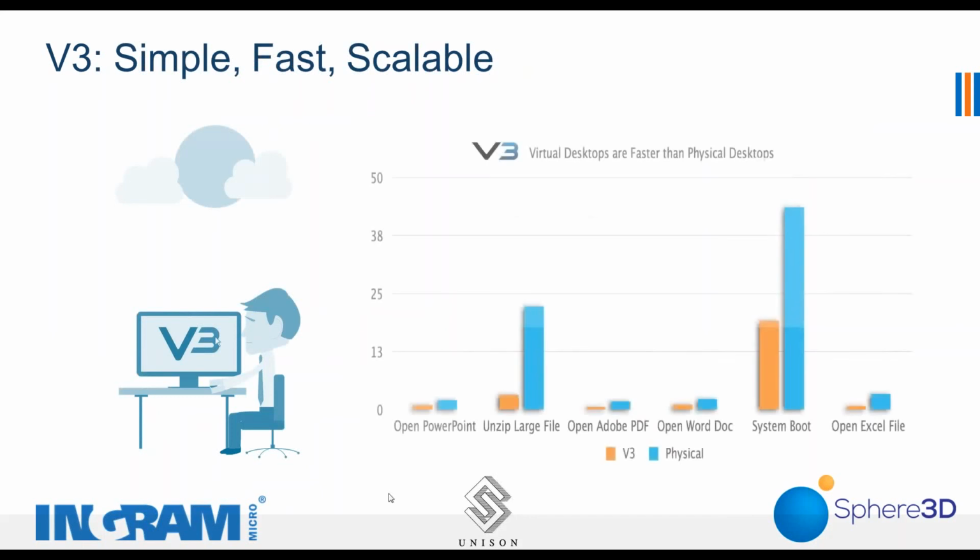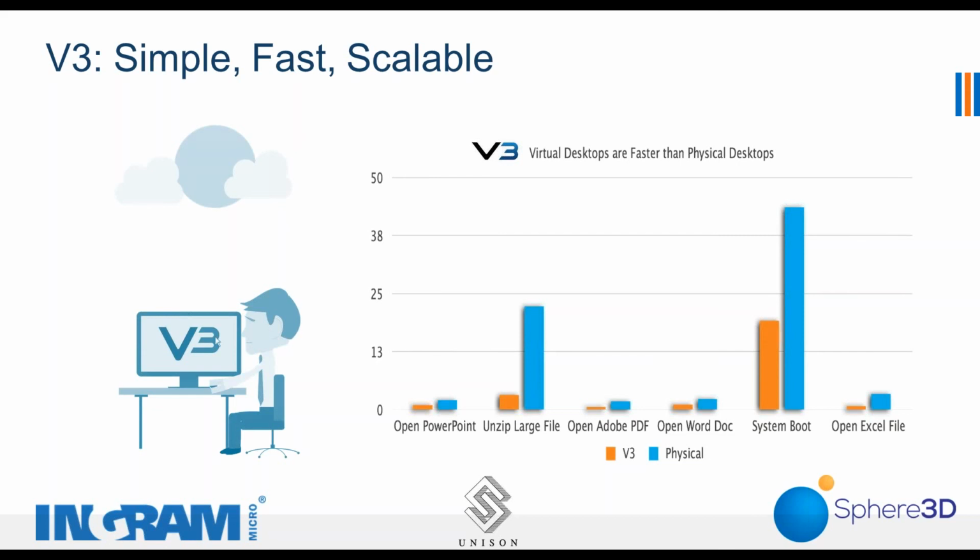So this is an example of physical desktops versus virtual desktops, and I've said for a very long time, speed is a funny thing. You never know you need it till you experience it, and you can't live without it. On the left side of this graph, you see opening PowerPoint. I'm in front of a physical desktop at the moment, and it's respectable. This probably takes 2-point-something seconds for me to open PowerPoint.